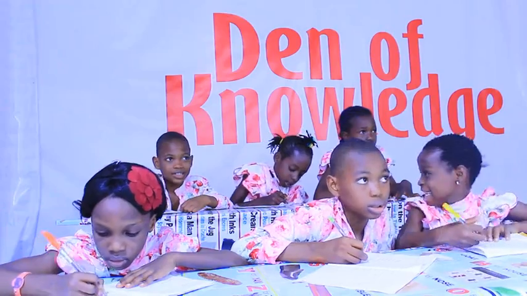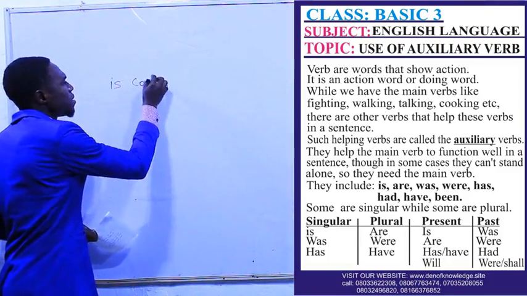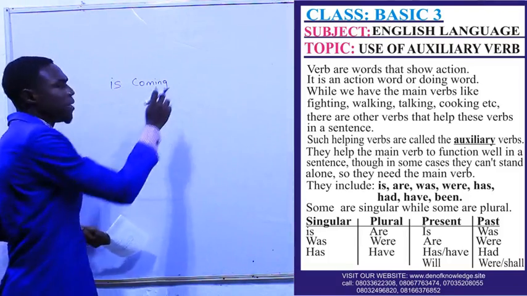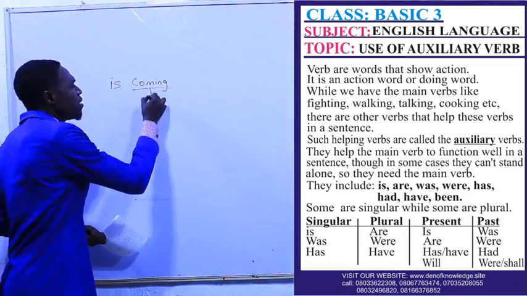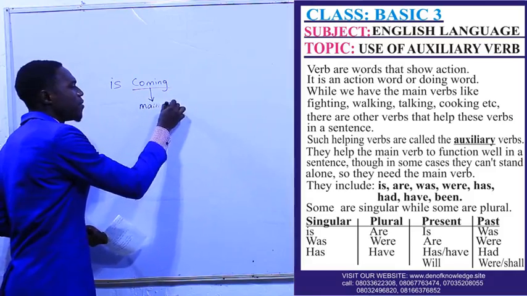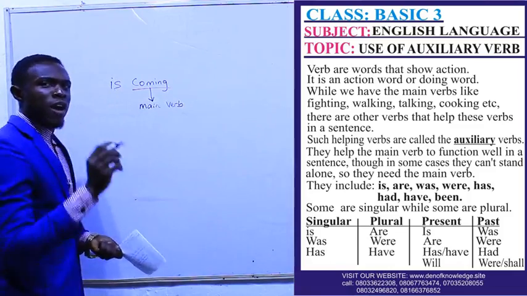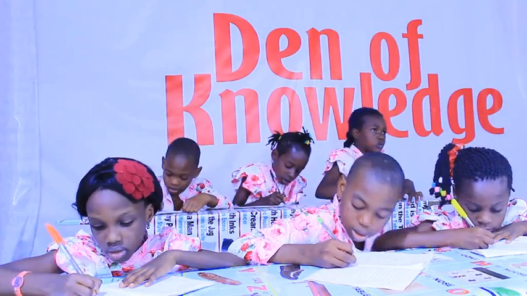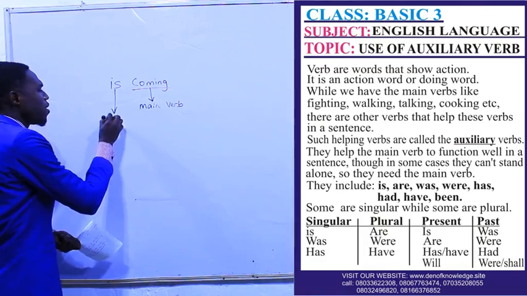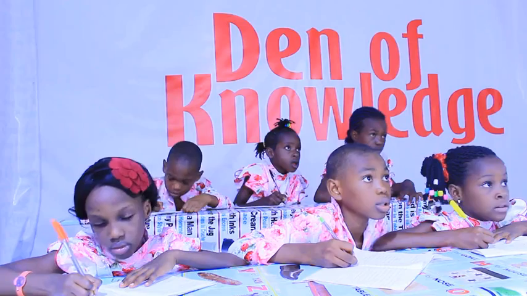Is coming. Coming is the main verb. Now, this one is equally a verb, but we see it as what? The auxiliary verb.